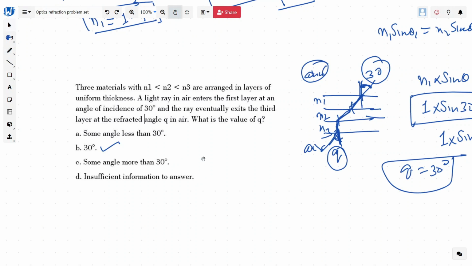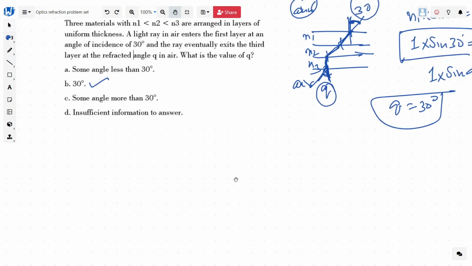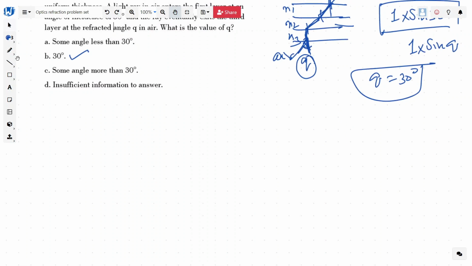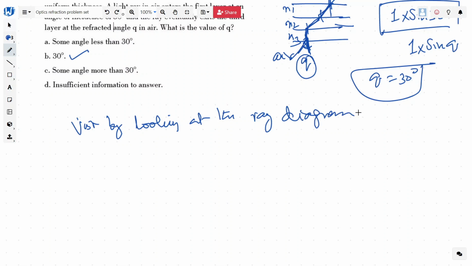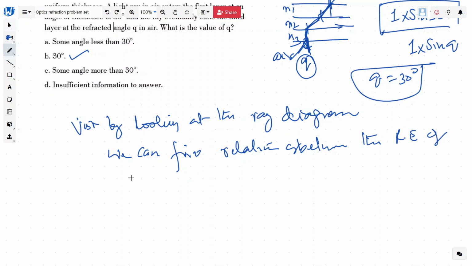So these were the short problems we covered today, and we learned a few things: just by looking at the ray diagram, we can find the relationship between the refractive indices of different mediums.